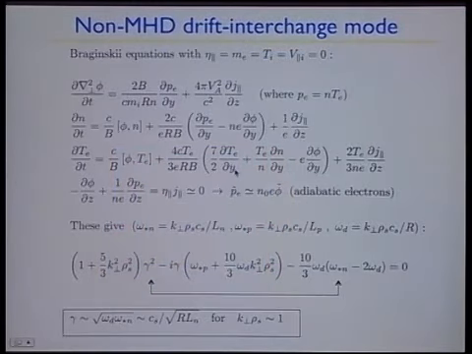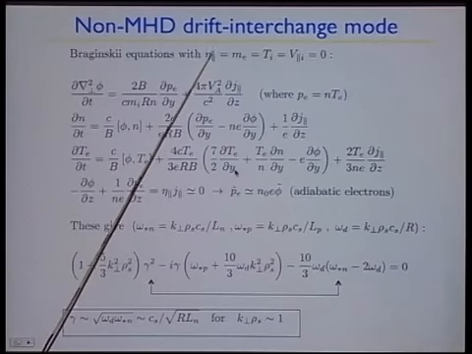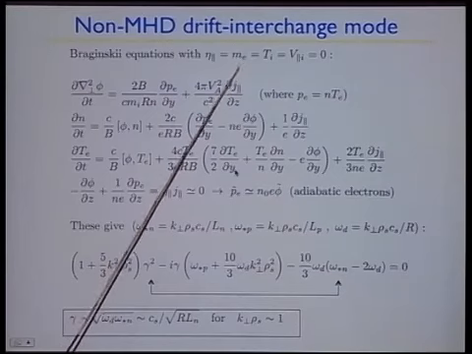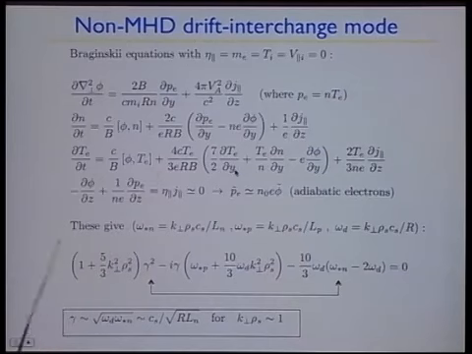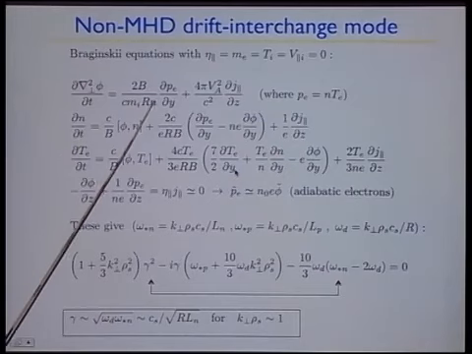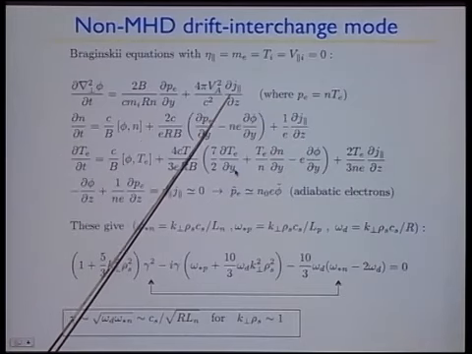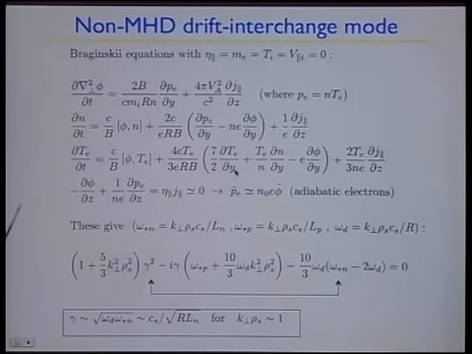So the minimum model in order to describe this mode is this one. It can be obtained with no resistivity, no electron mass, Ti equal to 0, and Vi is not necessary. Now we have to take into account curvature in the vorticity equation and the parallel derivative of the current.